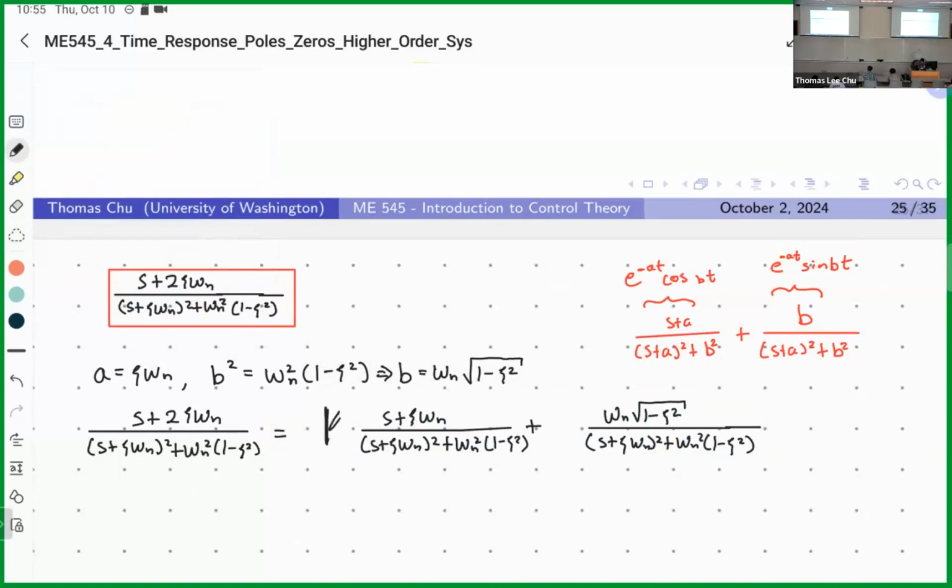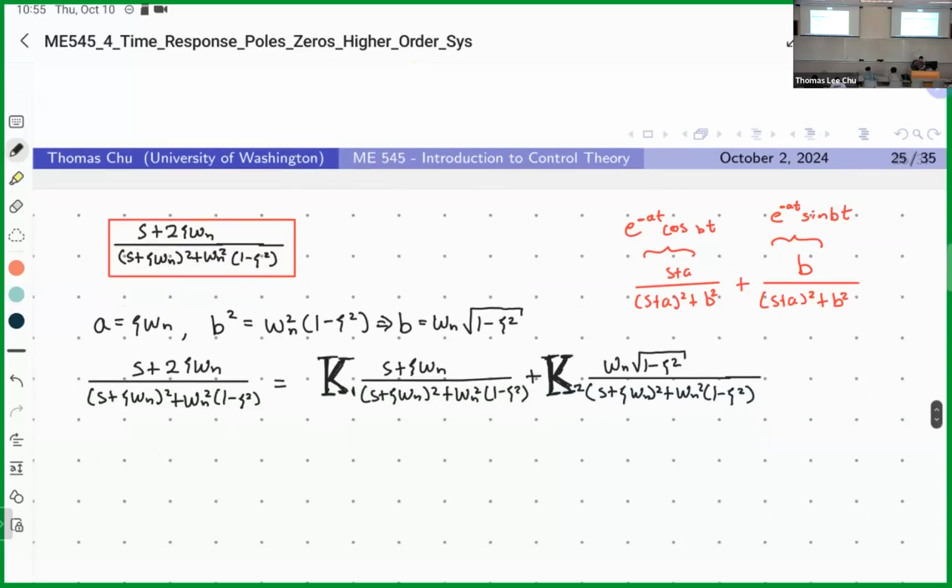Let me just use big K again. I'm going to call this big K1 and big K2 for this to be true, because we're going to have to manipulate the numerator term. It's probably K2 that's going to change the most.